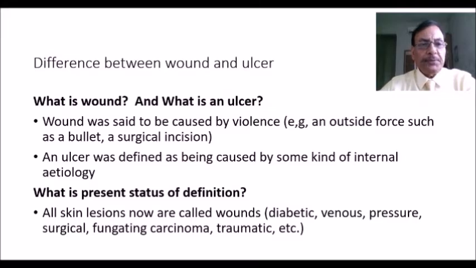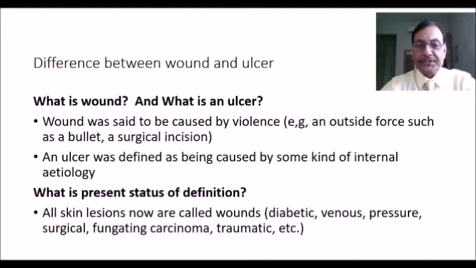Understand the difference between a wound and an ulcer. Many times there is some confusion about what is a wound and what is an ulcer. The old thought was that a wound was caused by violence, usually from outside, such as a bullet or surgical incision, whereas an ulcer was usually defined as being caused by some kind of internal etiology or pathology.